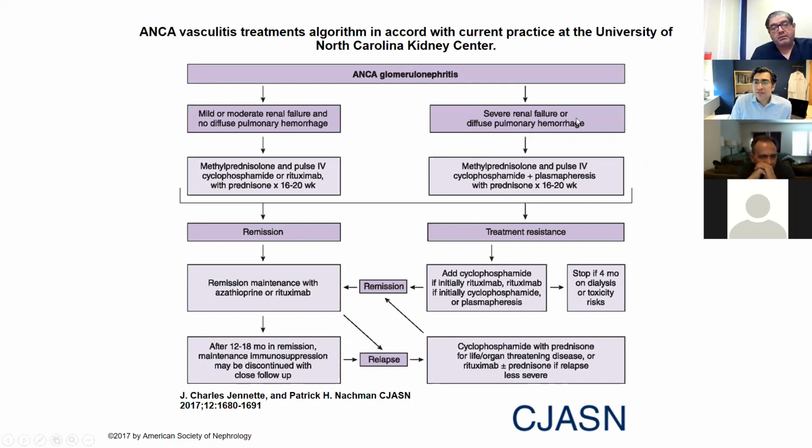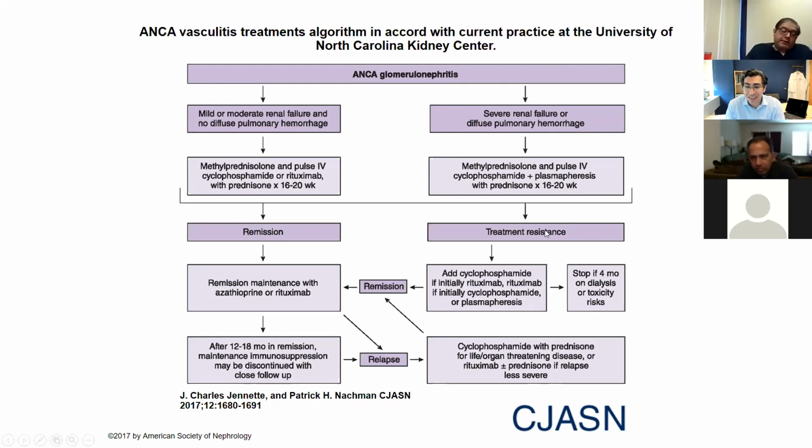Now, if there is severe disease, and again, this is 2017, they use plasmapheresis, although I think in the timeline, we looked at the follow-up PEXIVAS trial, which did not show any difference. So there's a difference from the old times. I'm just kind of reminding all of us.